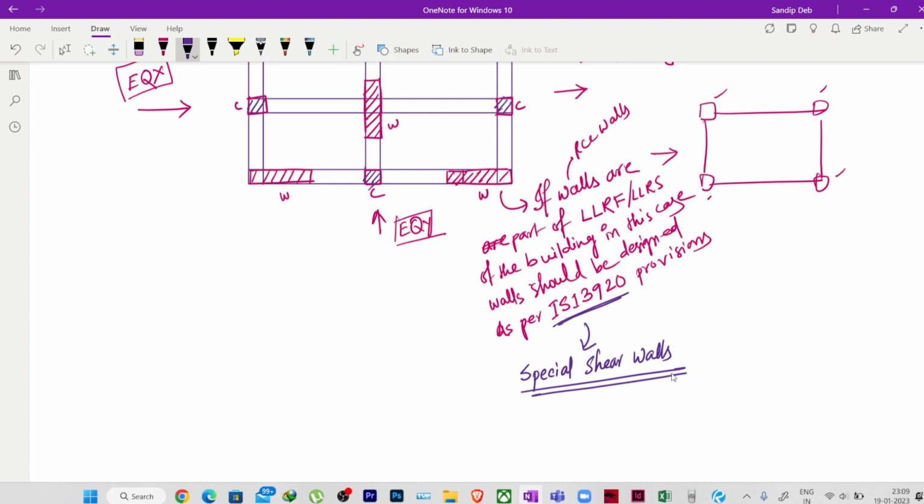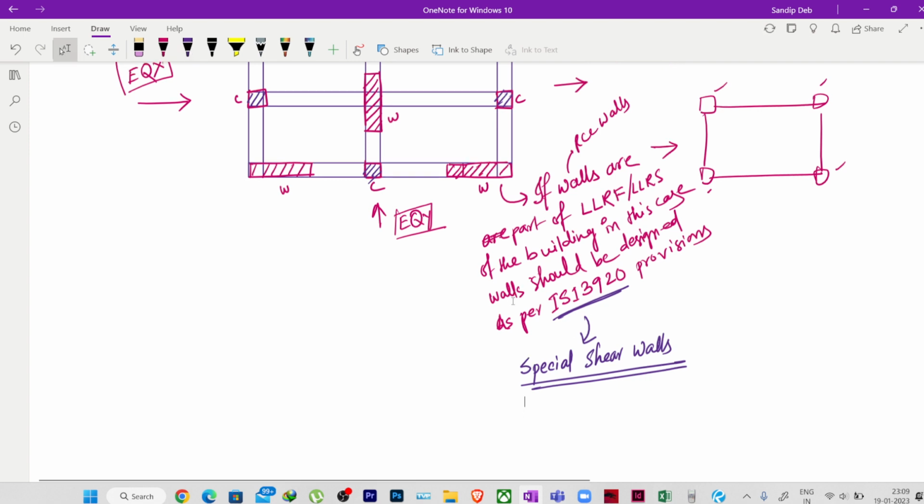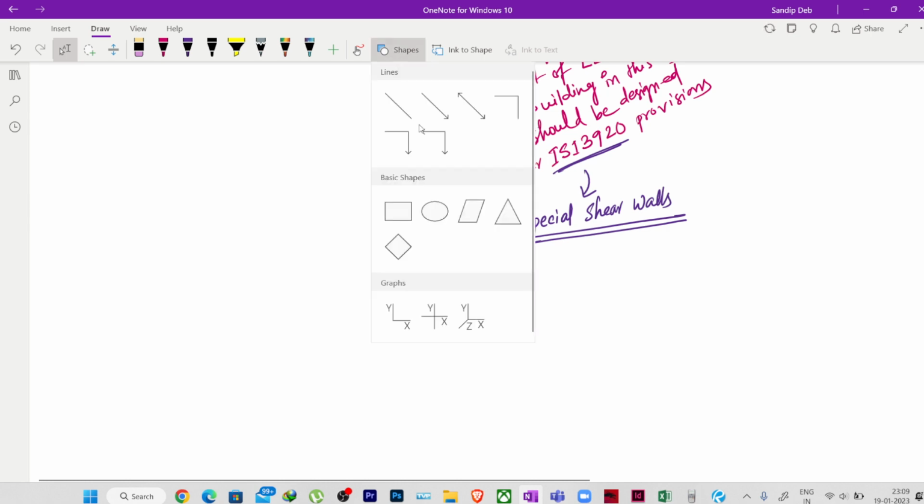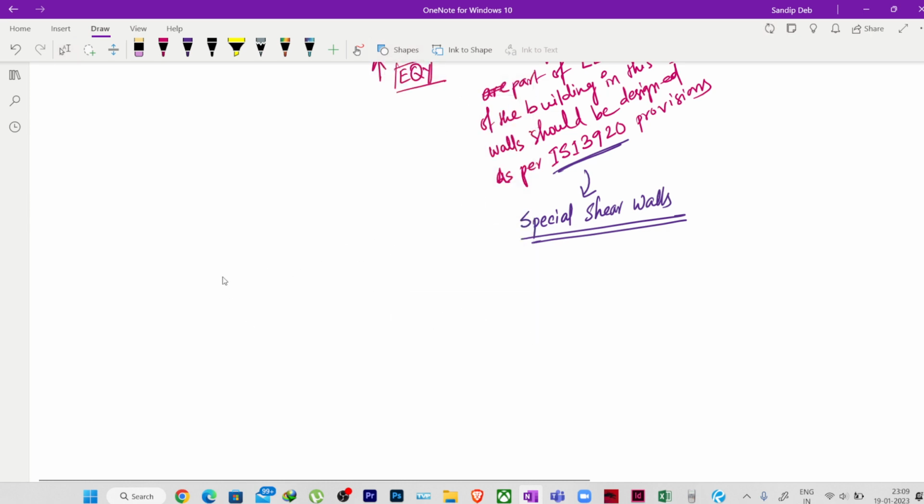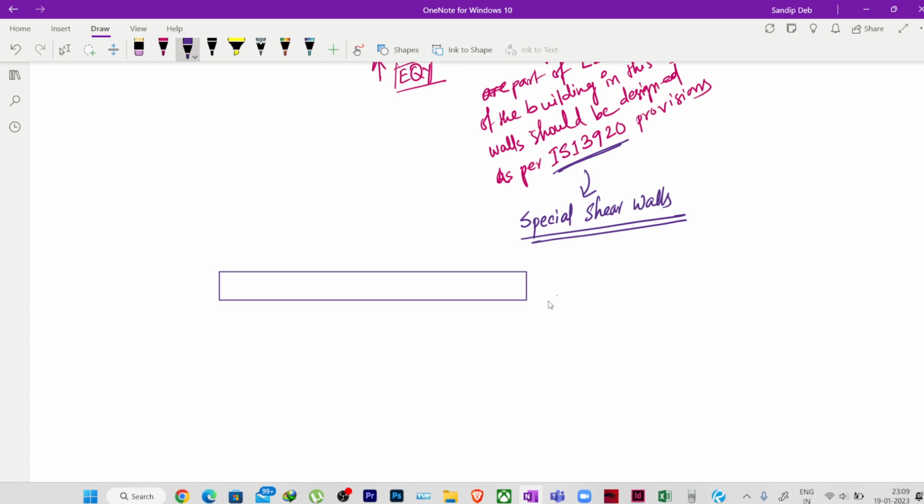Okay, fine. So normally a shear wall or a plain concrete wall can be like this, and we can provide reinforcement like this.